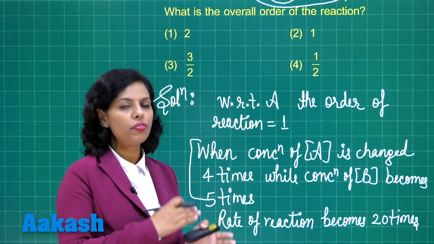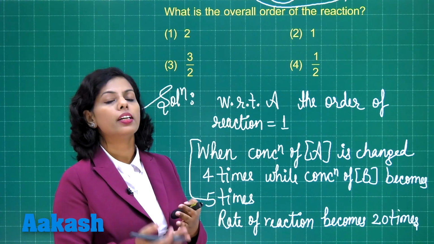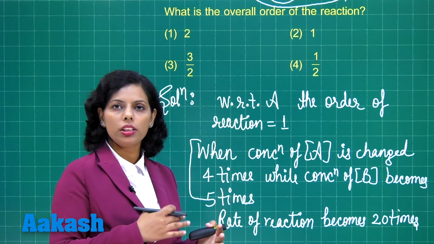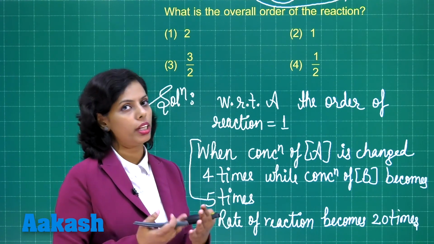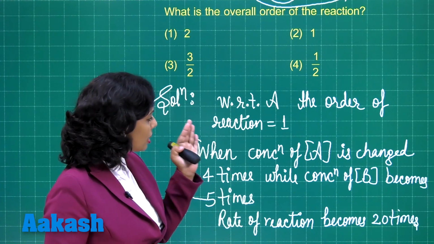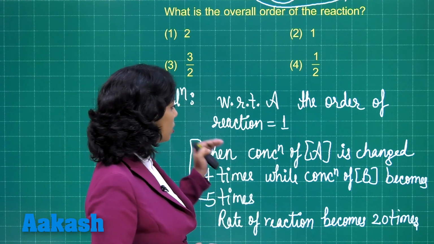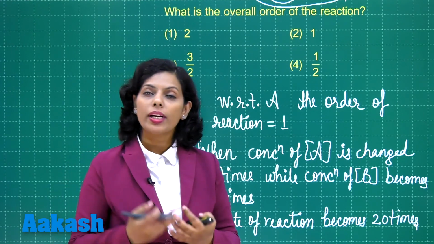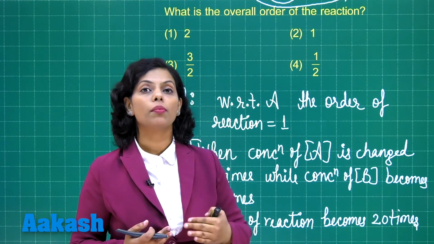It means if the concentration of A is doubled, the rate of reaction gets doubled. If the concentration of A is tripled, the rate of reaction gets tripled. On a similar basis, in this case the rate becomes 20 times, and with respect to A it becomes 4 times.